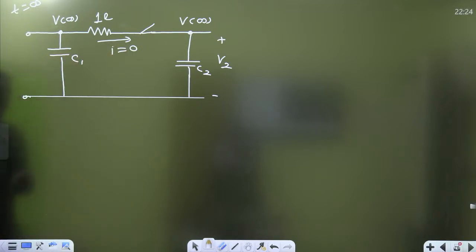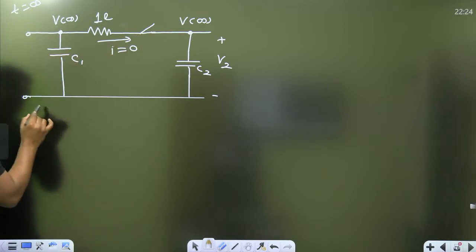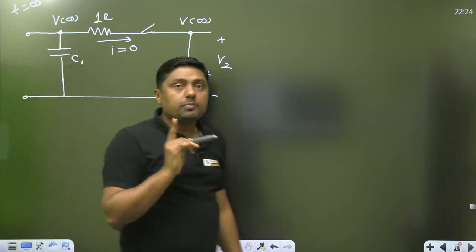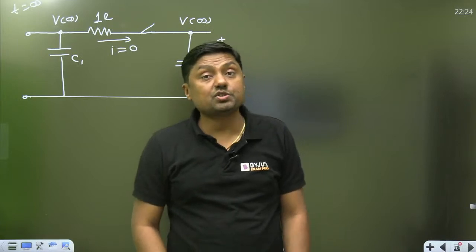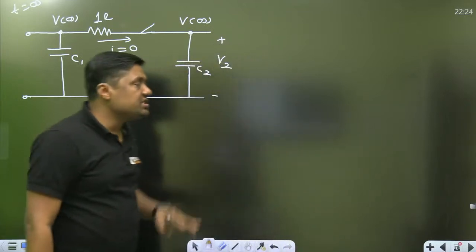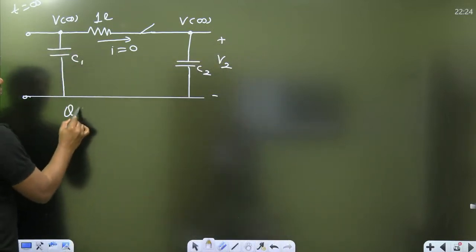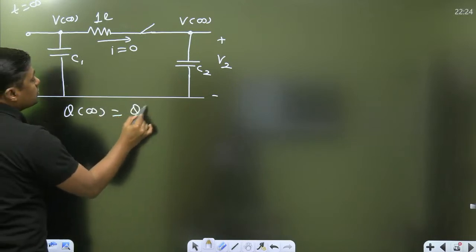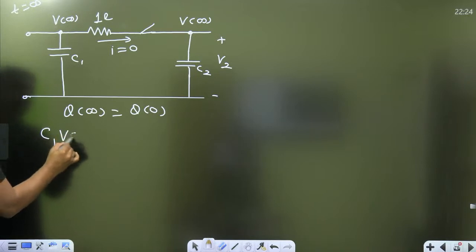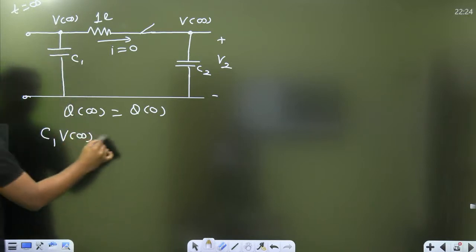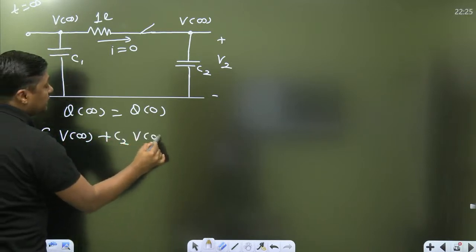To find the value at infinity, we use charge. Always remember, there is the law of conservation of charge. Charge can neither be created nor destroyed. So final charge and initial charge will remain the same. So Q infinity is equal to Q0. What is Q infinity? C1 V infinity, because the voltage will remain the same, plus C2 V infinity.